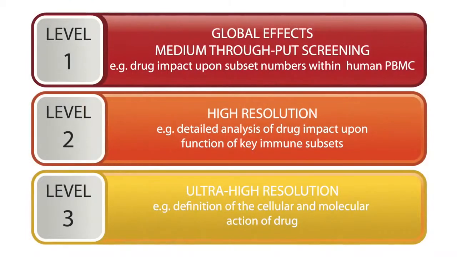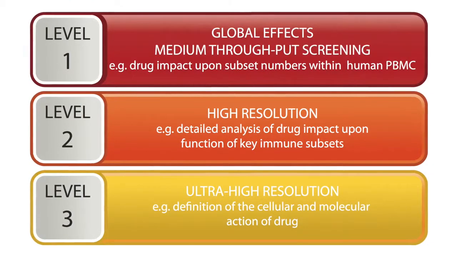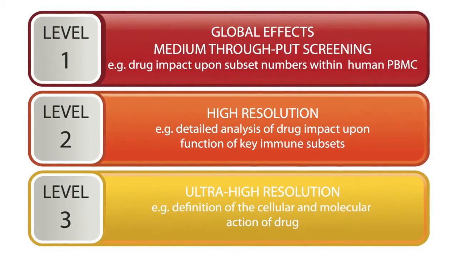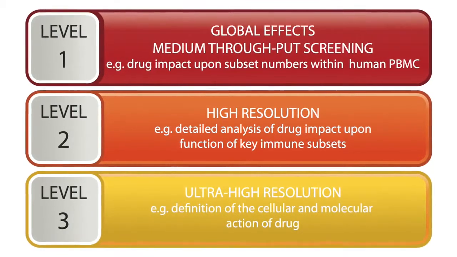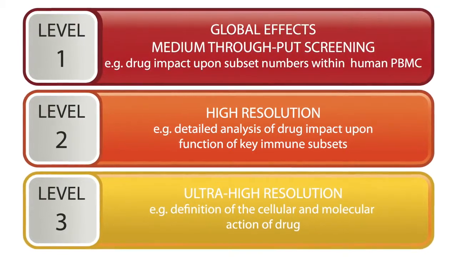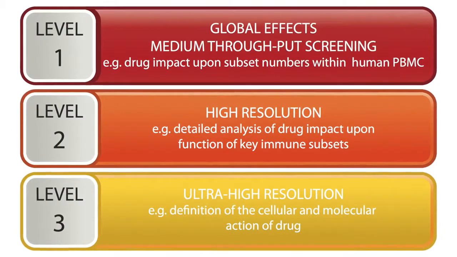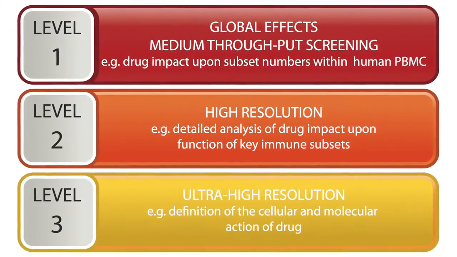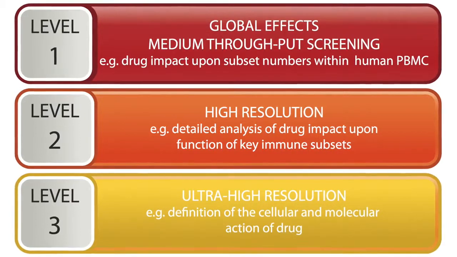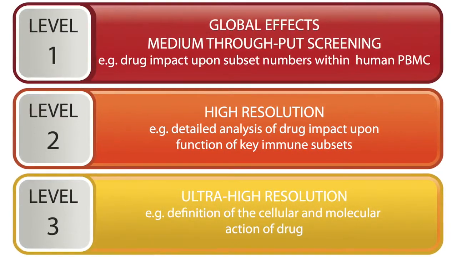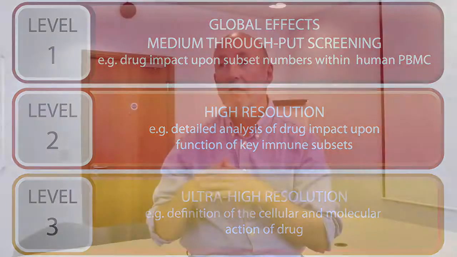We have created a platform which we call Immuno-Profiling, and it's a platform that's set at different levels. And within each of those, we can create and tailor-make a package that's appropriate to the questions and the issues around a client's compound.